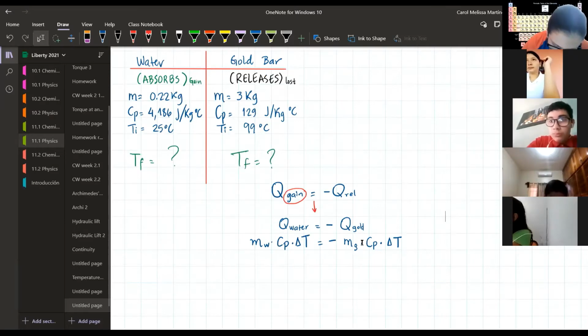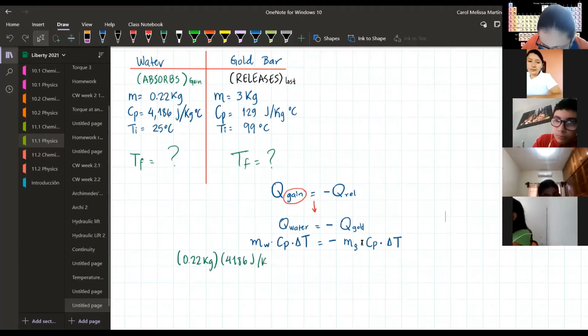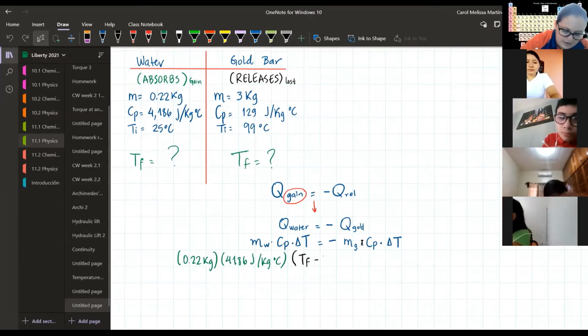Okay, so I continue with my mass of the water, that is 0.22 kilograms, times Cp of water, that is 4,186 joules over kilogram Celsius, and here, times delta T. Delta T, remember, is final minus initial. Here we're talking about water. And all this is equal to whatever you have on the other side.